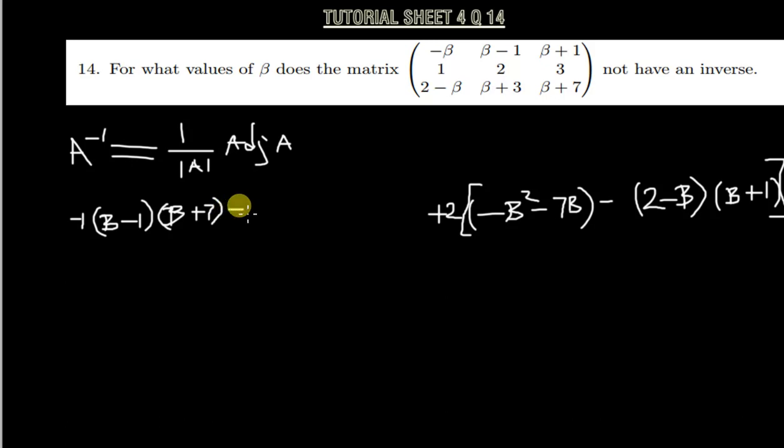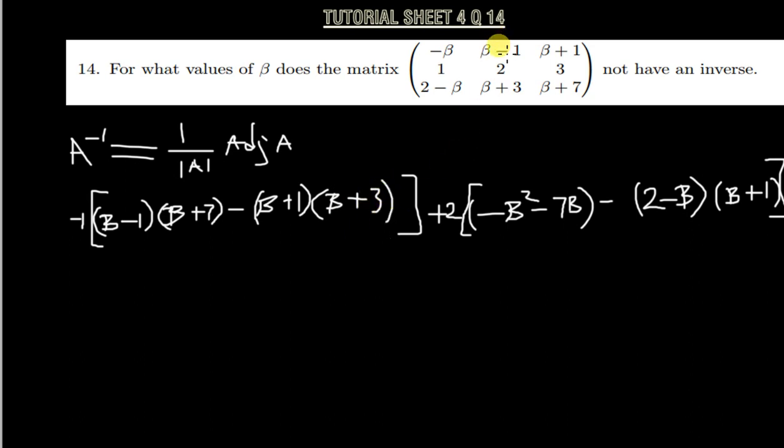I'm supposed to put minus again, so there is supposed to be this type of bracket here, and even this side. Here there's supposed to be a minus. Then after multiplying this, I'm going to multiply (beta plus 1) and (beta plus 3).